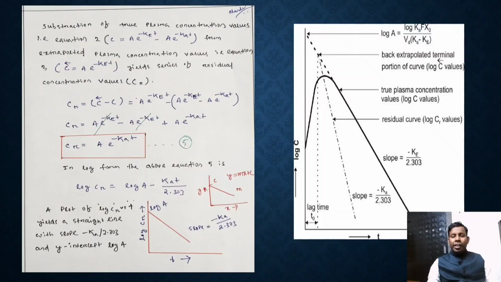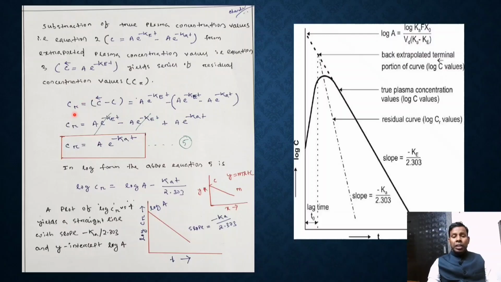As I told, there are three C's: C back, the back extrapolated plasma concentration; C, normal or true plasma concentration; and CR, residual plasma concentration. This CR can be obtained by subtracting C, the true plasma concentration, from the back extrapolated plasma concentration.